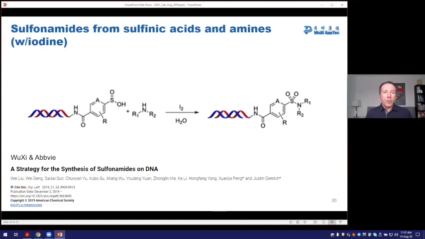So the first case here is a collaboration between WuXi and AbbVie. So what is nice about the chemistry as shown here? Well, first, the amine building block itself is very large. So there's thousands of these that you can purchase, and so you can make a lot of different structures from them. The second thing is that the reaction conditions themselves are extremely mild.